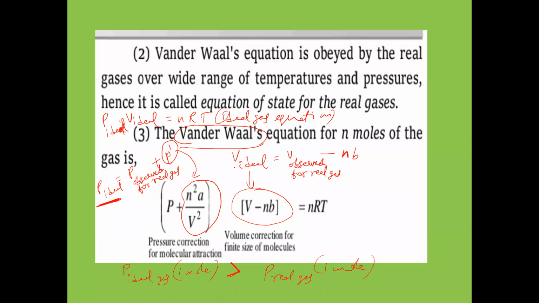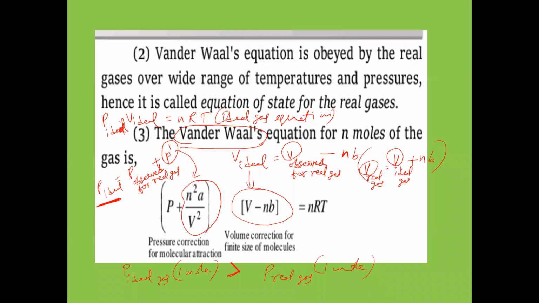And here, V ideal is equal to V real gas minus some volume correction. So V real gas, the volume of real gas, from this formula is equal to V ideal plus nb. So the real gas volume is the volume of ideal gas plus some volume correction he added, Van der Waals.